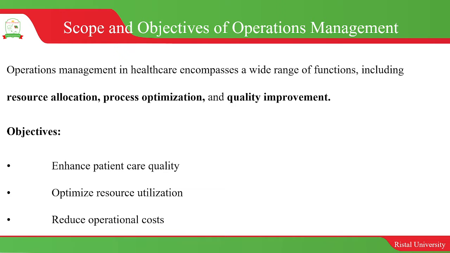However, we need to be able to provide this quality care within the optimal resources that we can provide. At the same time, we also need to achieve this quality patient care by using reduced operational cost.